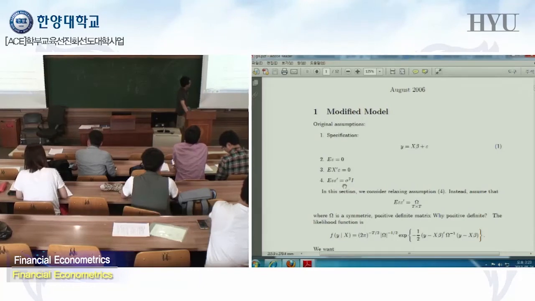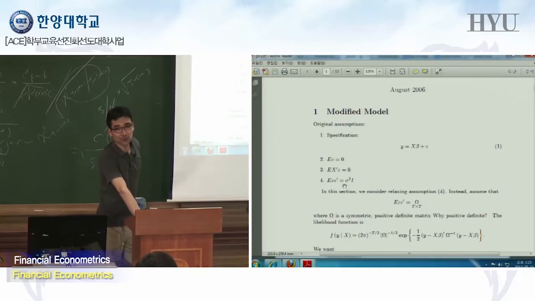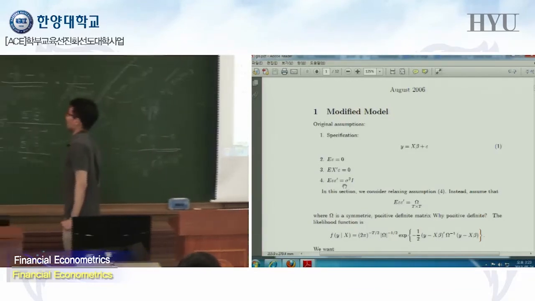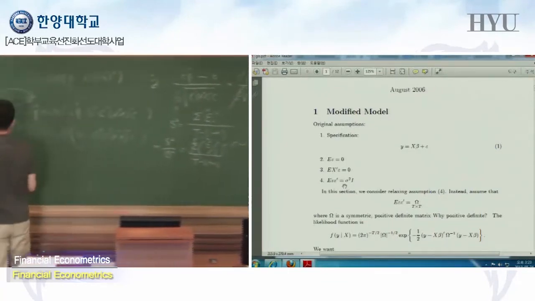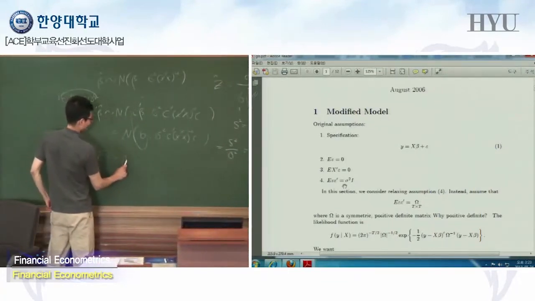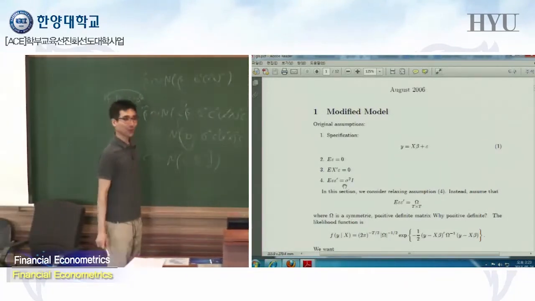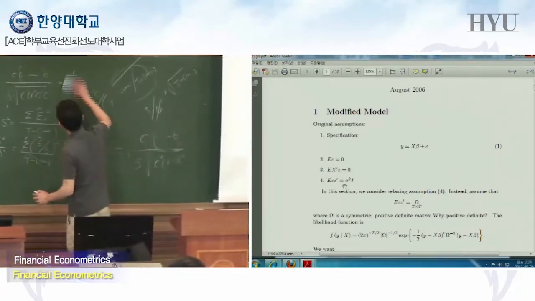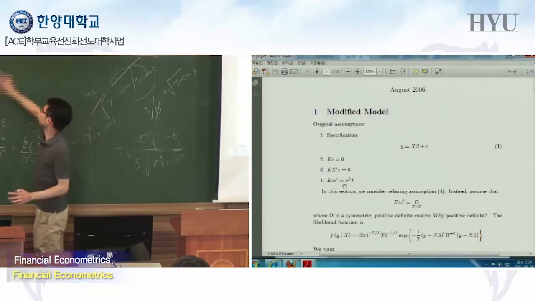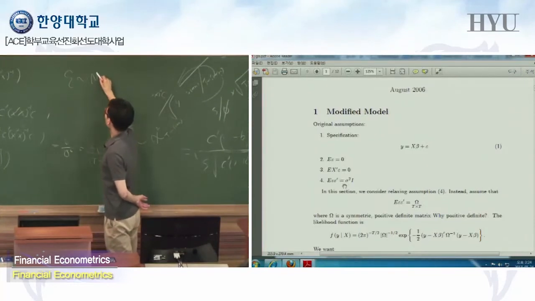And then, if we assume epsilon follows a normal distribution, this is something you have to memorize. In the previous example, epsilon follows a normal distribution with mean 0 and variance sigma square I. Now we are assuming that epsilon follows a normal distribution with mean 0 and variance omega.